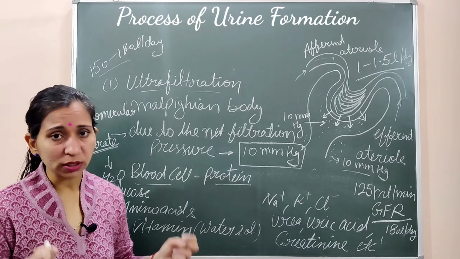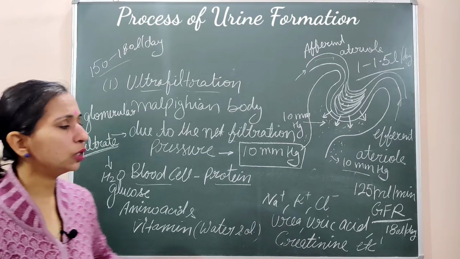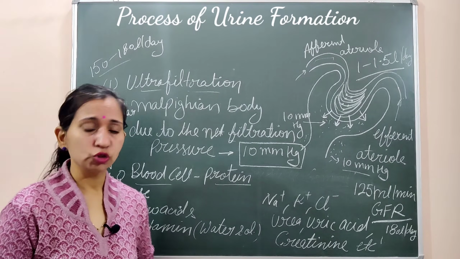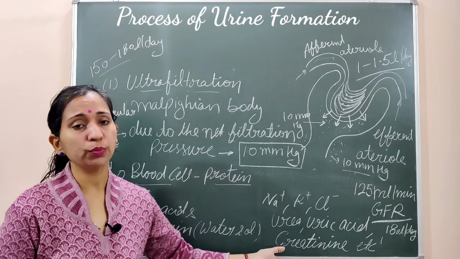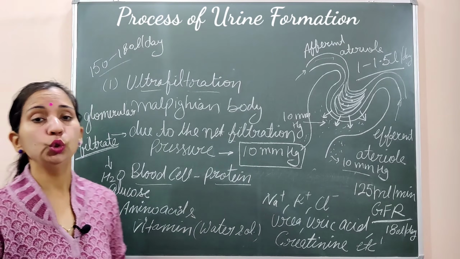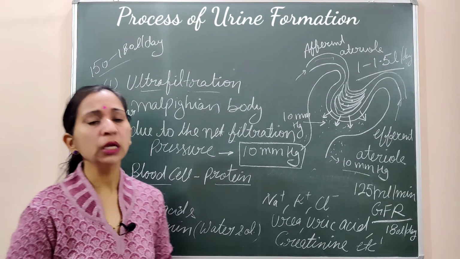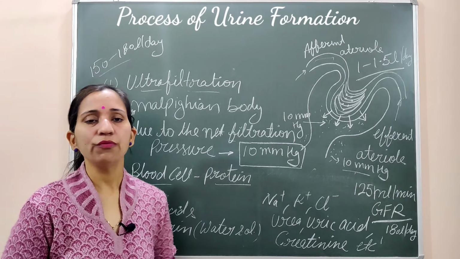Only the selected substances will be reabsorbed. सबके सब reabsorb नहीं होंगे. Like creatinine, uric acid, urea are excretory products. So they should be excreted out through the body. But the substances which are useful for the body should be reabsorbed through the process known as selective reabsorption.